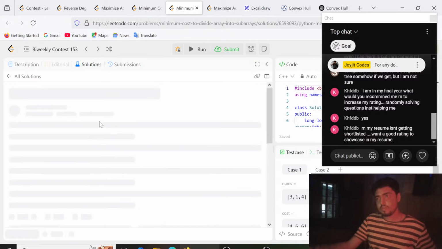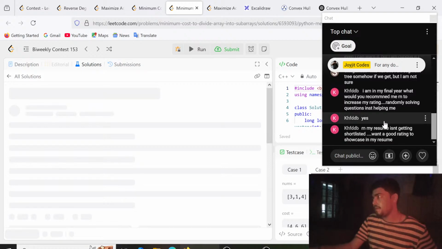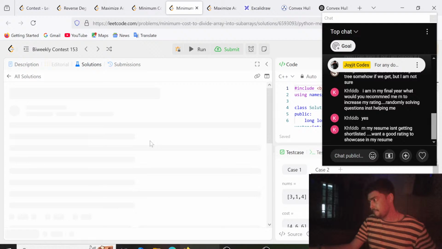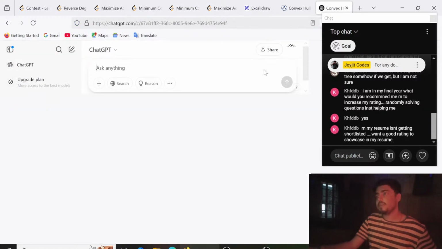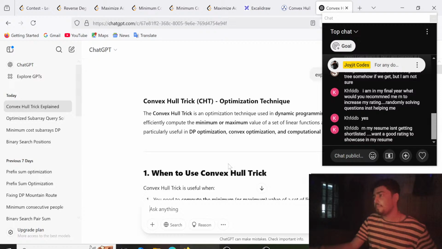Let's check out the Python memoization code. I think the convex hull trick is basically optimizing the whole thing.